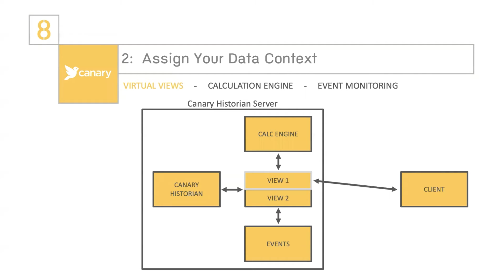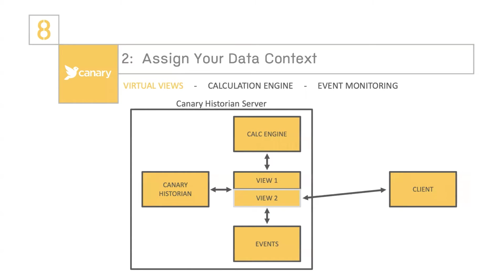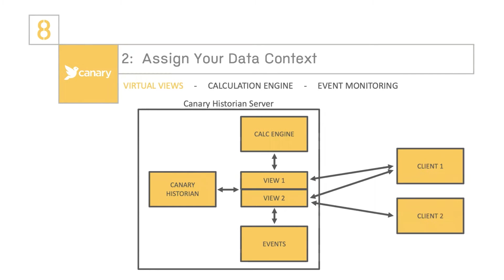Now you can have multiple views on the same data, again, not transforming or breaking any of the data. The client can have a view to the data with view 1 and potentially have a different view to the same data by utilizing view number 2. That's the power of the Canary system, that it allows you to create these different views.